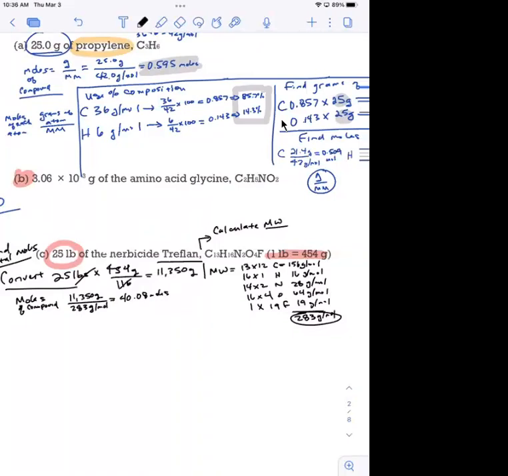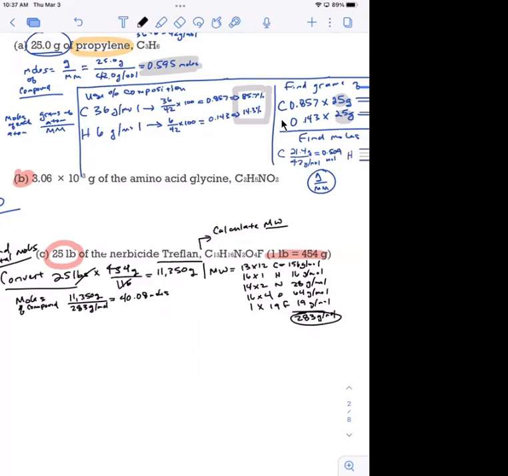All right. Everybody good so far? That's the number of moles for Treflan. Another thing that confuses me is the compound and getting them for the atoms. The atoms we're going to do separately.